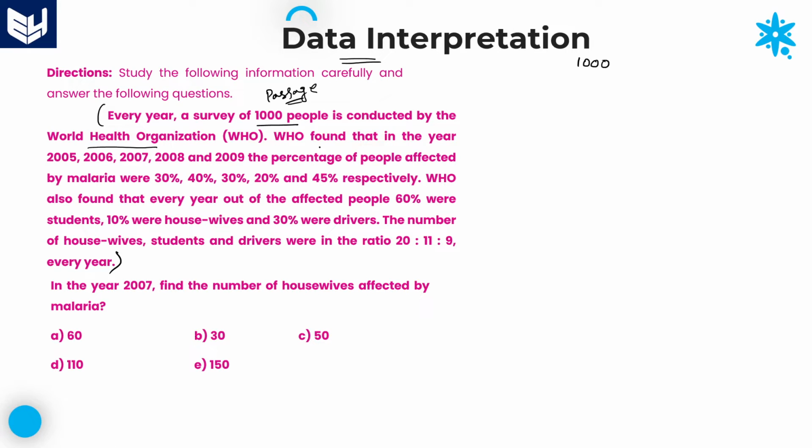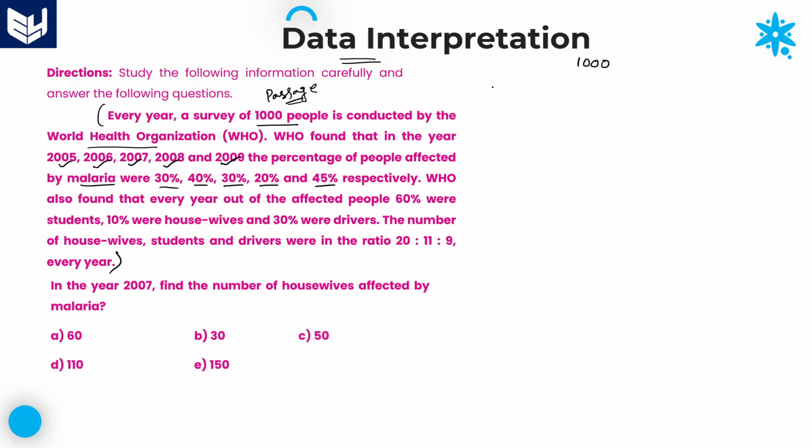And next, WHO found that in the years 2005, 2006, 2007, 2008, 2009, a total of 5 years, the percentage of people affected by malaria were 30 percentage, 40 percentage, 30 percentage, 20 percentage, and 45 percentage respectively.